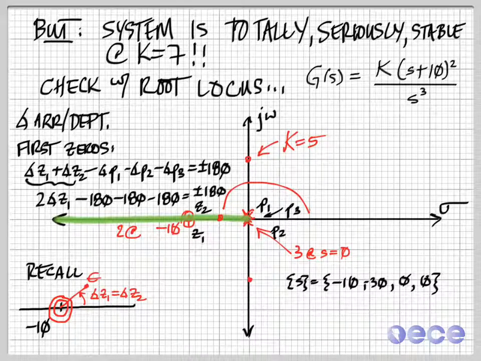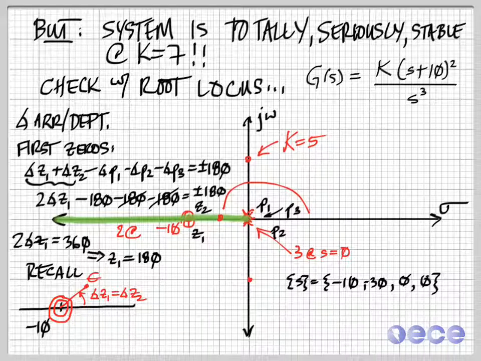So we get 3 minus 180s. It must equal plus or minus 180. So because we're rounding it off to either 360 or 0 values, we know that these two minus 180s don't really matter because they'll sum to minus 360. We'll end up subtracting those out. So 2 angle z1 must equal 360 degrees here, which tells us that z1 is equal to 180.